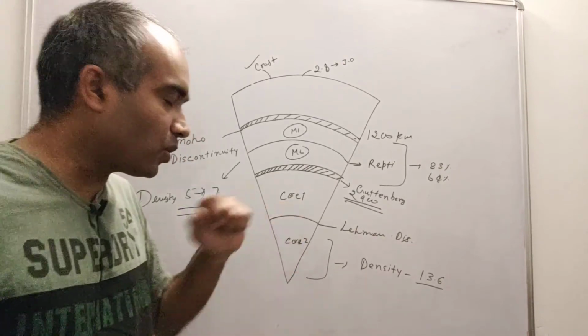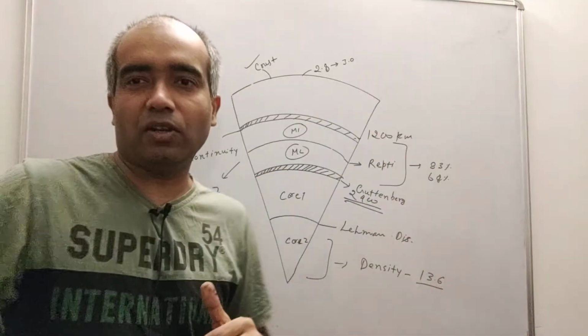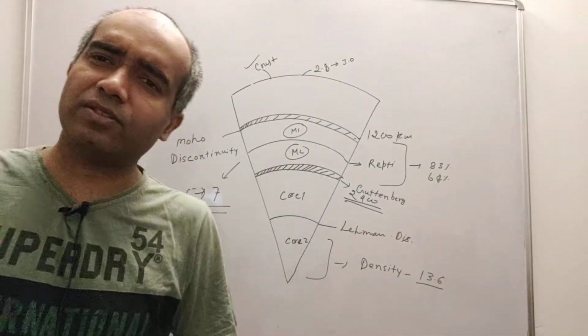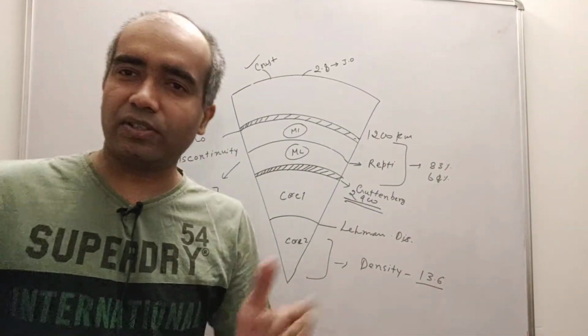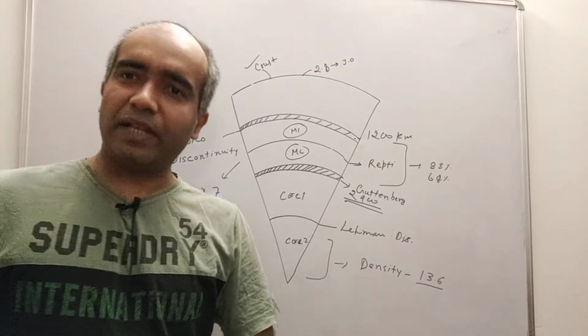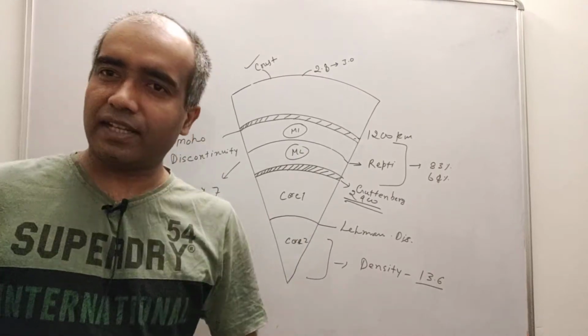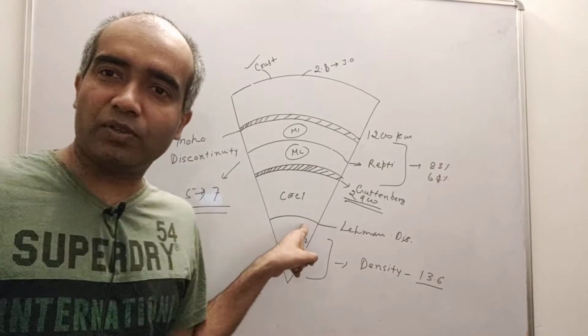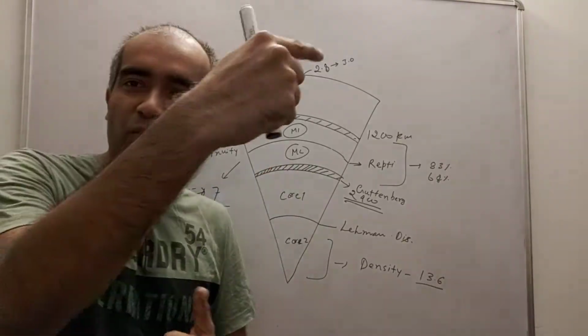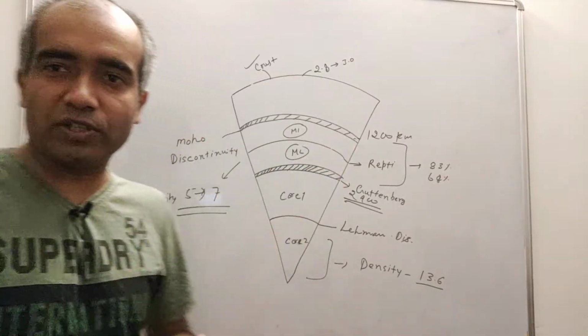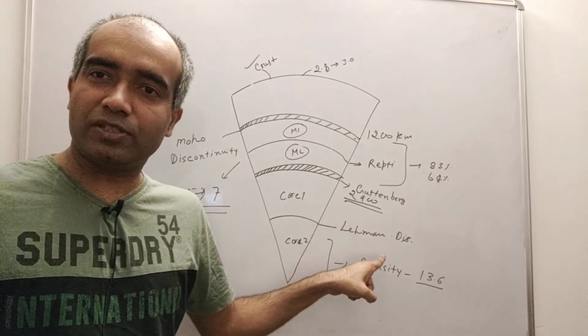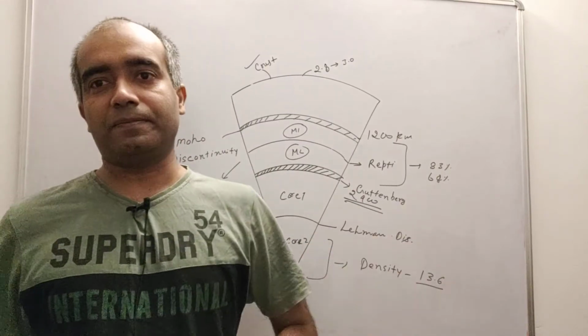Between core 1 and core 2, again the same logic of the P waves. Based on the change in the speed of the P waves while they were traveling, they decided that there is also one more discontinuity between the two cores. Between the inner core and the outer core there is one more discontinuity, and that discontinuity is known as the Lehman discontinuity, right?